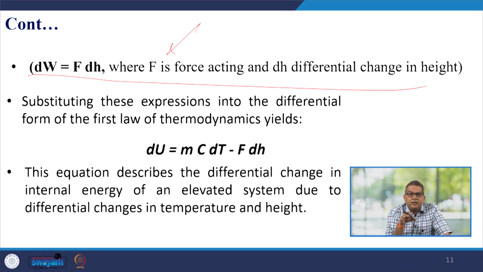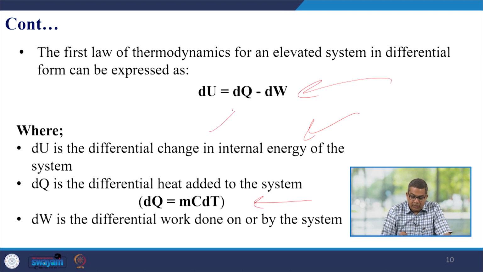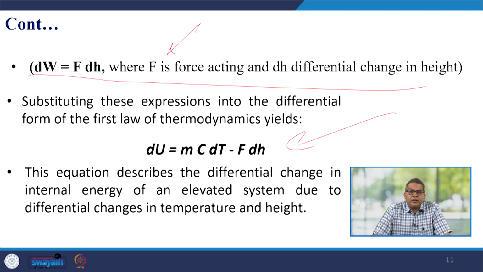If we substitute these into the differential form of the first law of thermodynamics, we get the modified equation dU is equal to m c d delta T minus F dh.